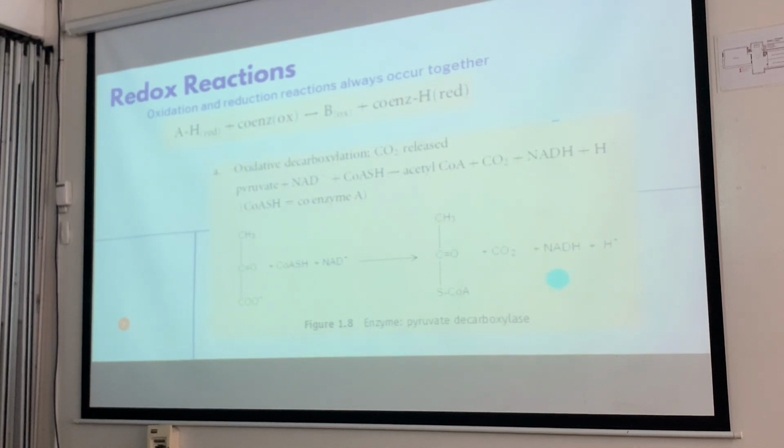Another application. This enzyme is present in yeast and bacteria. So it can decarboxylate pyruvate to yield acetaldehyde. And this is often reduced by alcohol dehydrogenase to make ethanol.